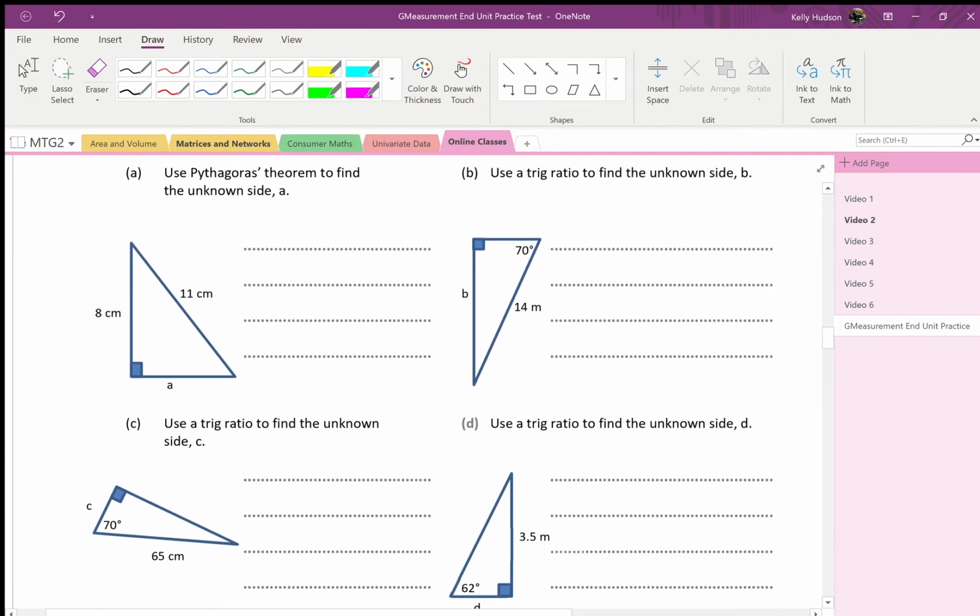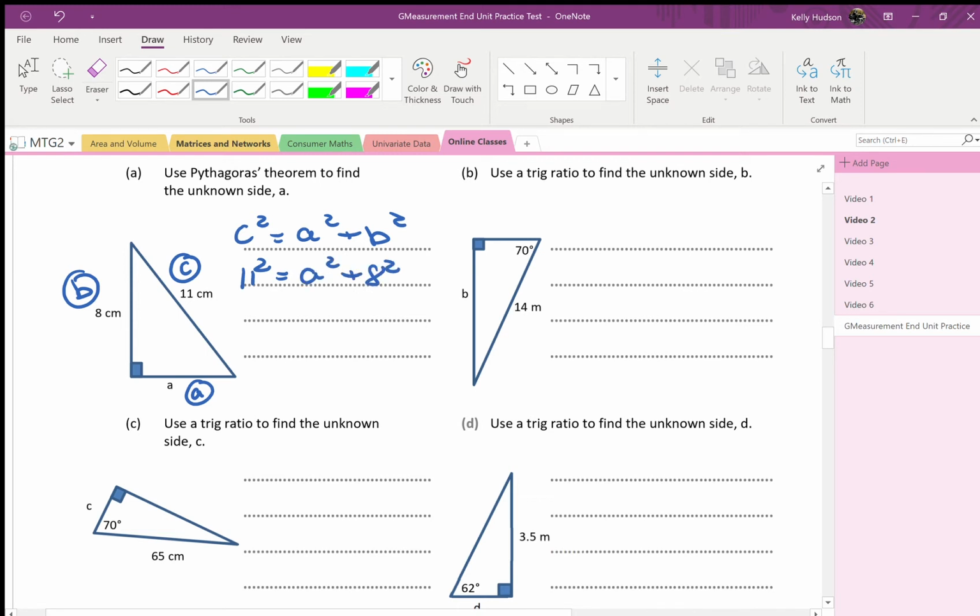Now we move on to Pythagoras. So the first question is Pythagoras, the others are going to be sine, cos or tan. So I write down my Pythagoras theorem, c squared equals a squared plus b squared. Right, so this is going to be my c side, this is my a, this is my b. So I substitute my values in. 11 squared is equal to a squared plus 8 squared.